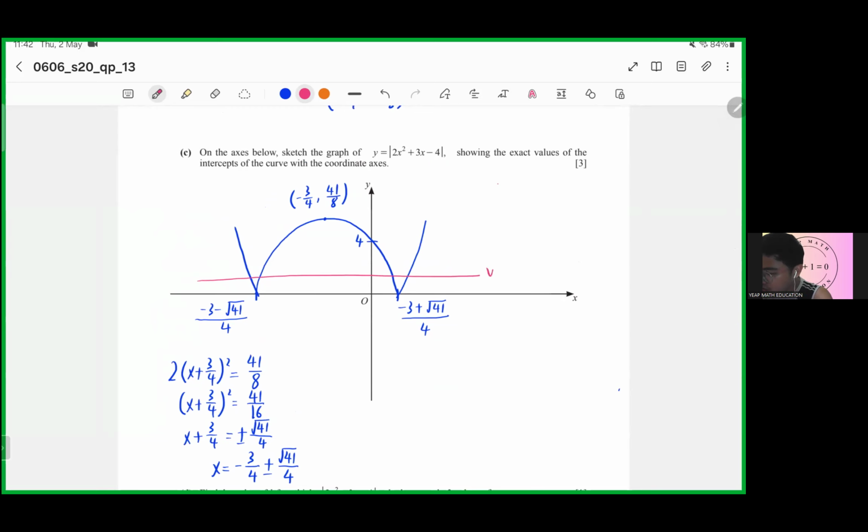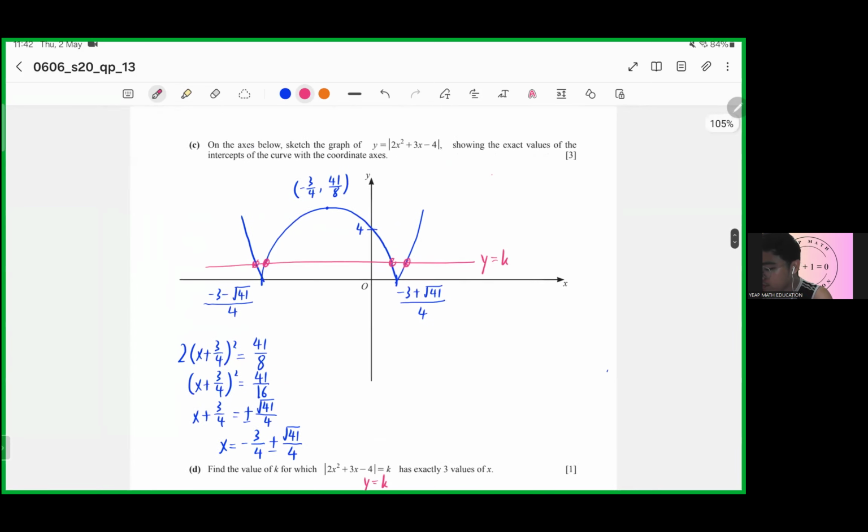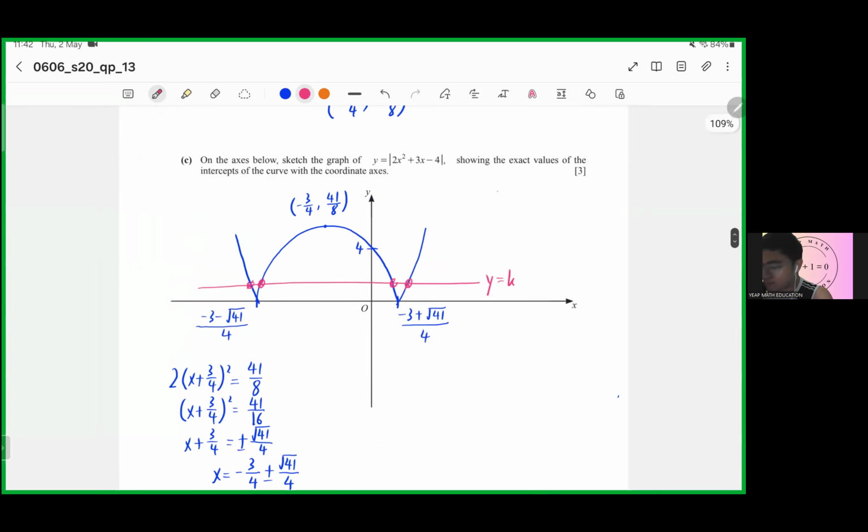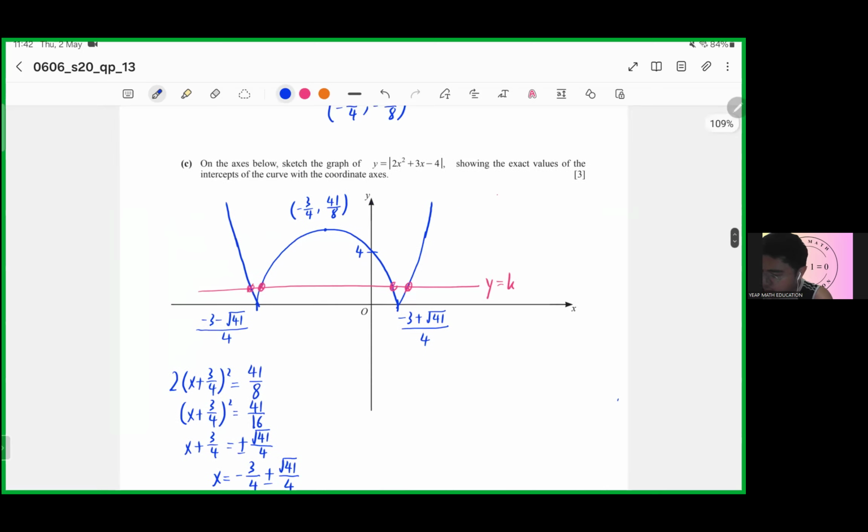If I draw y equals k here, we get 4 solutions, or 4 values of x. If I draw it here, we get 3 solutions.